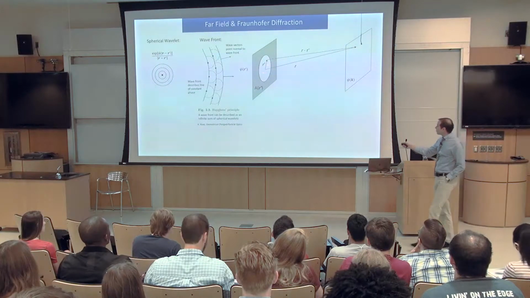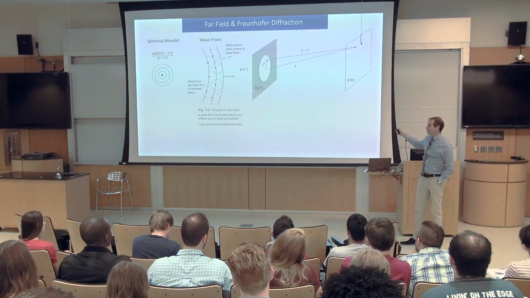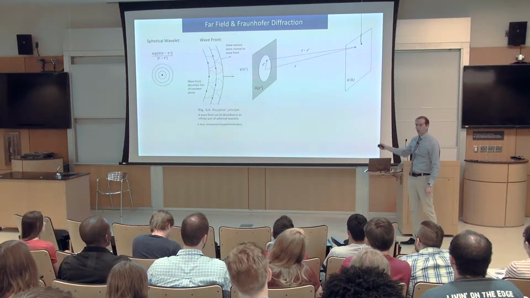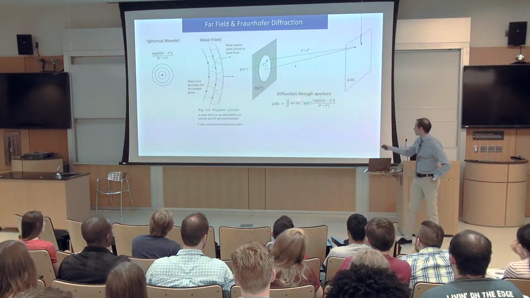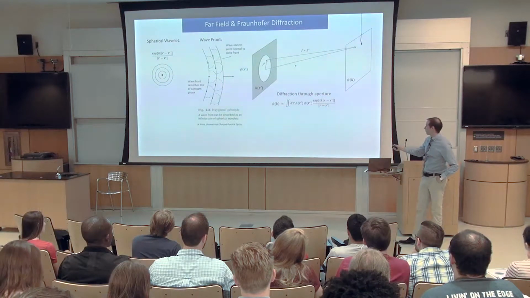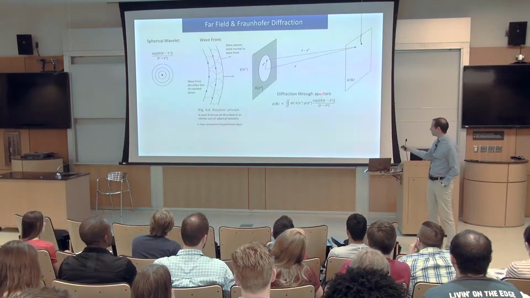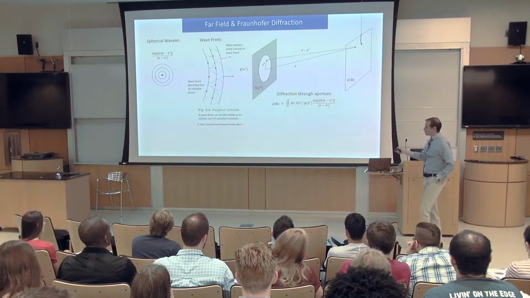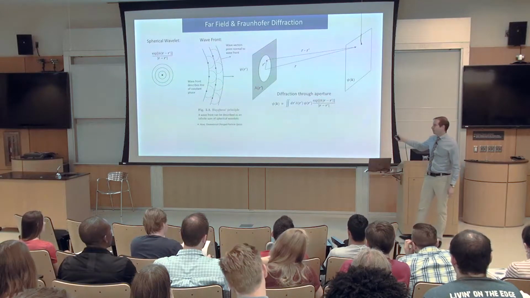Consider the contribution that each wavelet might make to a particular position at this distant plane and add up all those contributions. So it's a double integral across our aperture function of our wave front and all the wavelet terms. And so this is kind of a messy double integral, but we can make some simplifications if we consider this plane to be very far away.